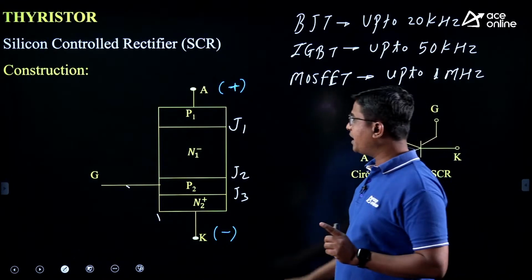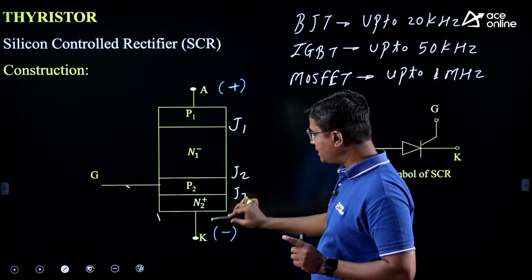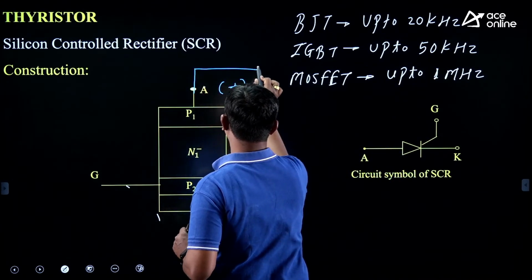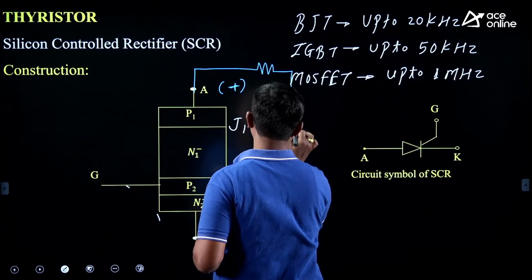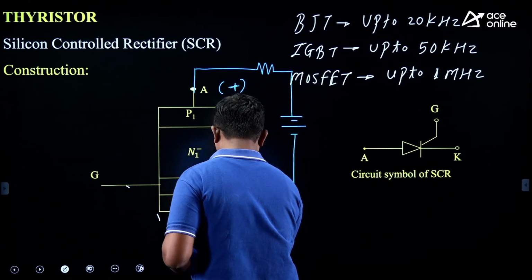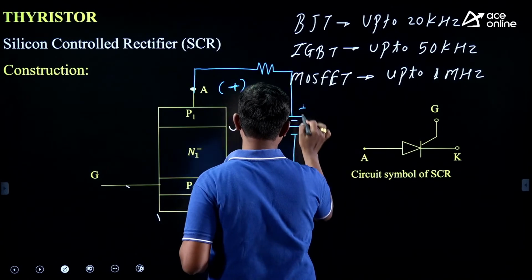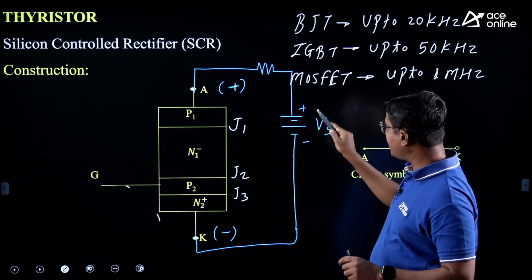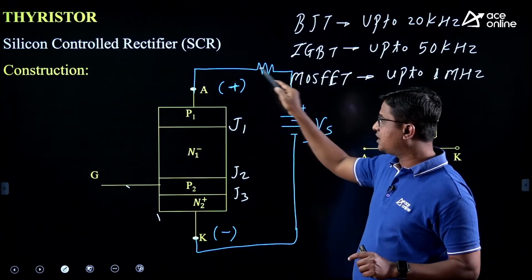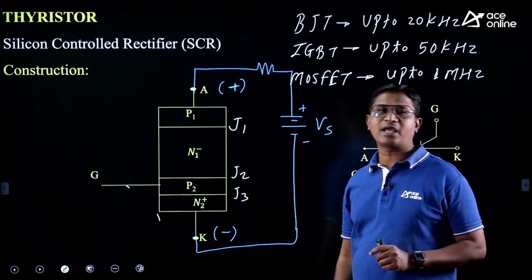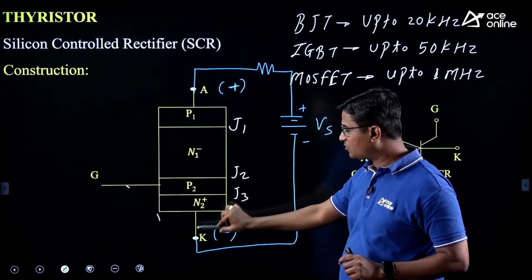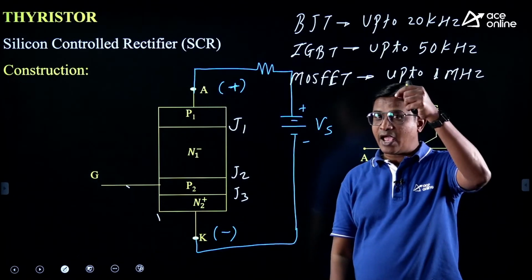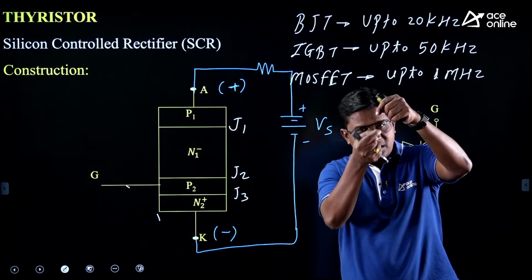Okay, so always keep in mind, if anode is at higher potential than the cathode, it is like between anode and cathode we have connected an external supply, with the positive plate connected to the anode and the negative plate connected to the cathode, right? Now anode is at higher potential and cathode at lower potential, which means from anode towards the cathode, your potential is decreasing.